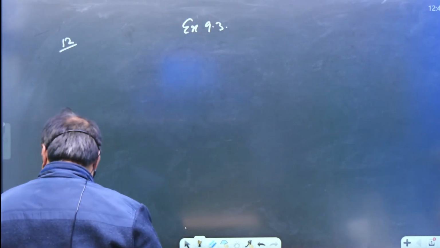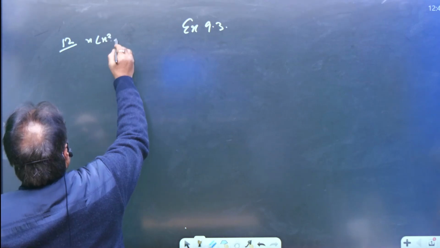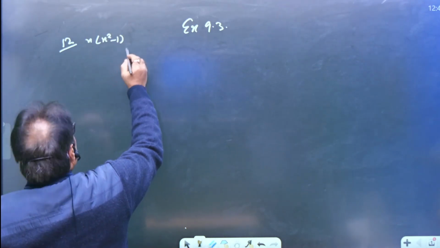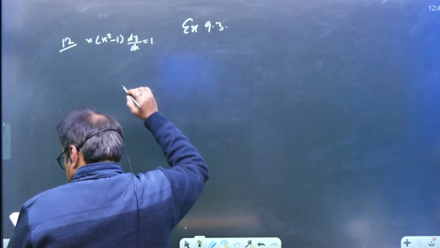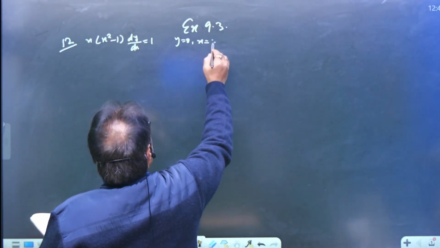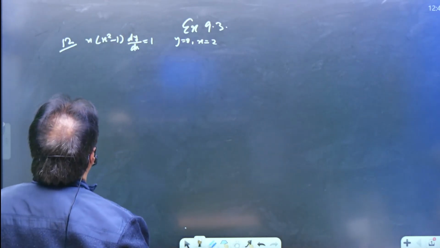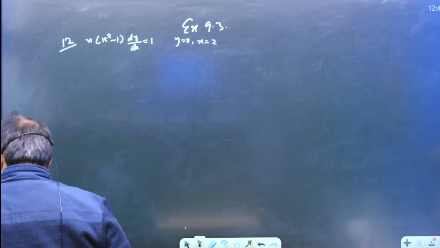And the 12th question is x into x square minus 1 dy by dx is equal to 1 when y is equal to 0 and x is equal to 2. This is the question. So apply the variable separable property.